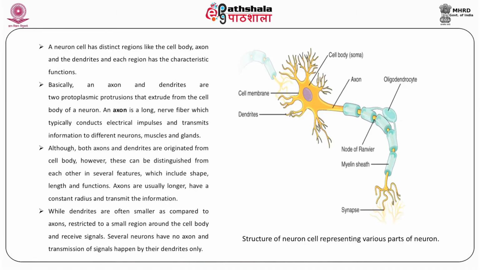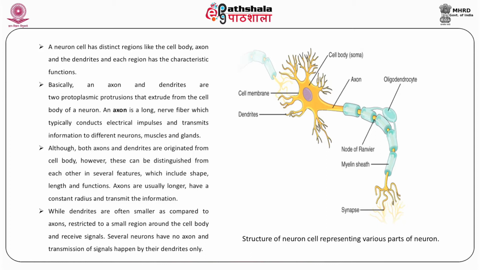A neuron cell has distinct regions like the cell body, axon and dendrites, and each region has characteristic functions. Basically, an axon and a dendrite are two protoplasmic protrusions that extrude from the cell body of a neuron.